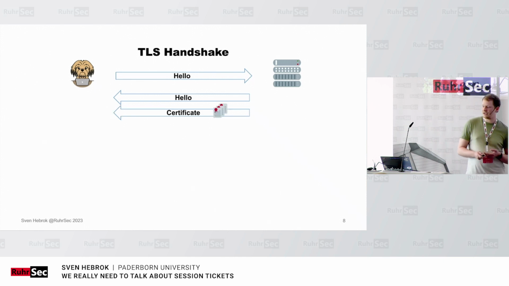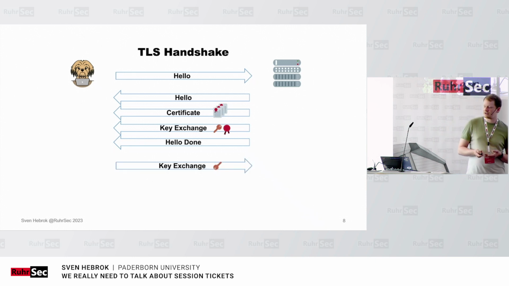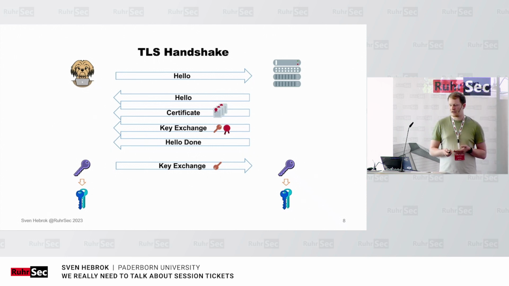To establish the key, first the server needs to send certificates proving, okay, I'm really RuhrSec.com.de, and then they can send you a key exchange message. Then the server's done with that and sends a hello done. You also just send a key exchange message, and only then both parties can establish a key from which you can derive the session keys. And then you can finally exchange application data.